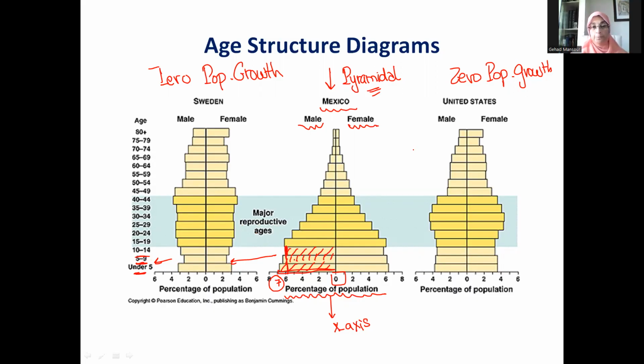So you can say, for example, that if each of these intervals represents 7%, the total percentage for these three age intervals would be 21%. And this is what we have just said, that about 20% of the population are under 14 years of age.